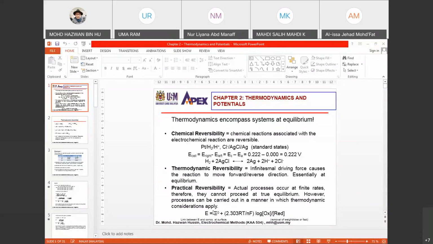So basically, as what I've told you, thermodynamics consideration is sometimes important in any electrochemical reaction, because in order to understand what will be the behavior or what will be the rate of reaction, of course we need to study at different temperature, because different temperature will give different profile or different performance, right?